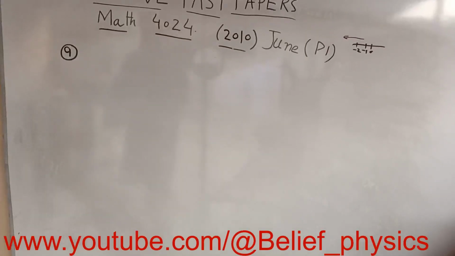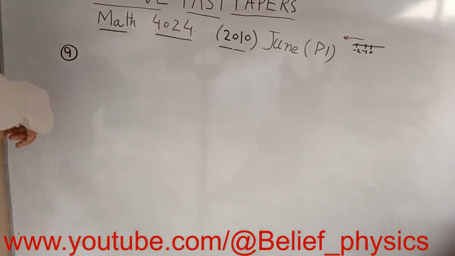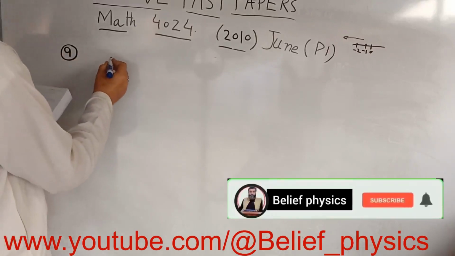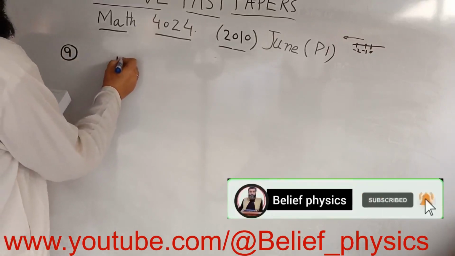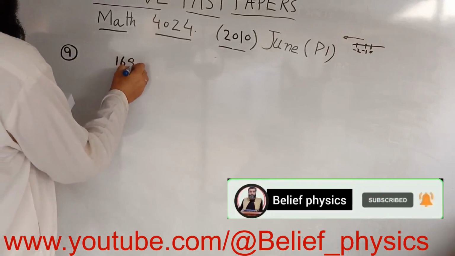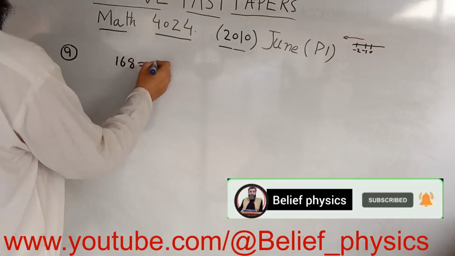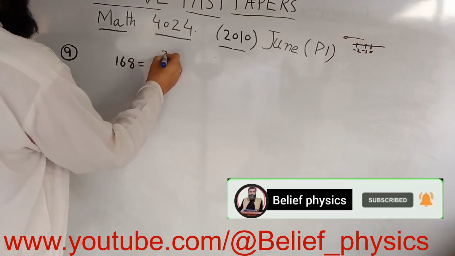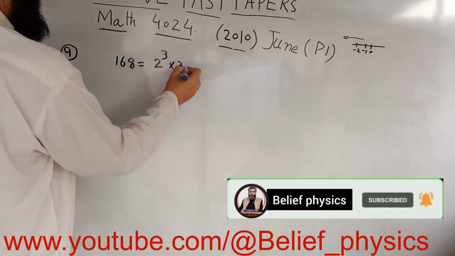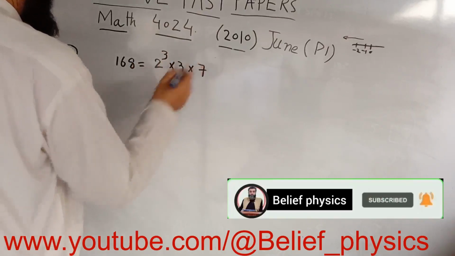Question number 9 is written as a product of prime factors. When we write as a product of prime factors, we can write 168 as 2 power 3 into 3 into 7.